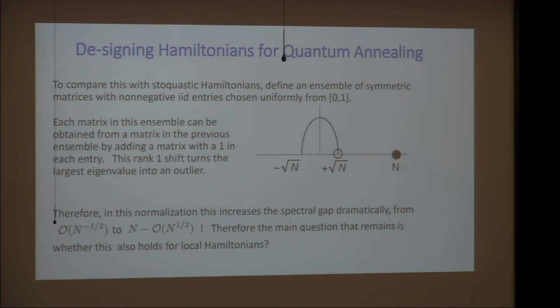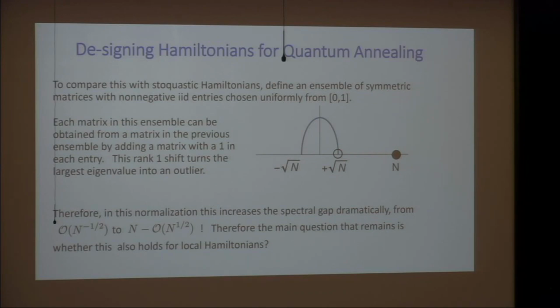And so the typical gap of the non-negative matrix ensemble should be like n minus order n to the 1/2. In other words, you still have a semicircle, but you've kicked out the top eigenvalue to become enormous.